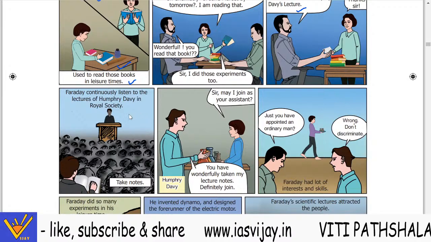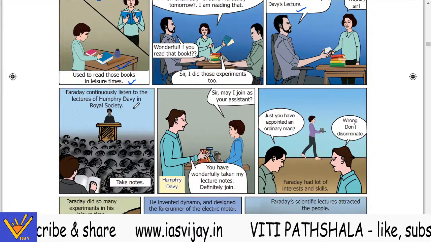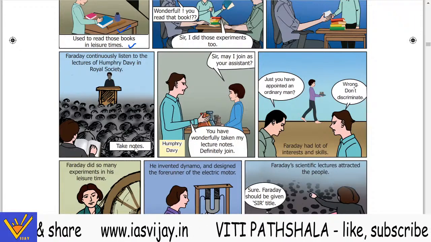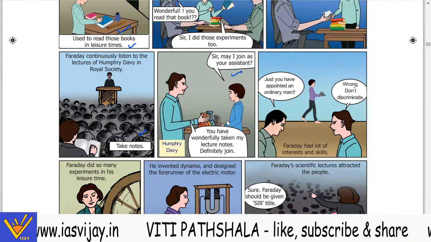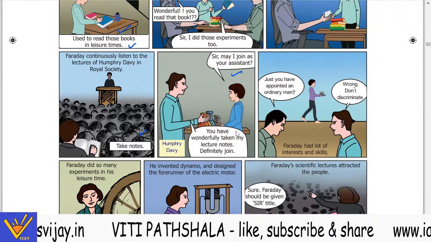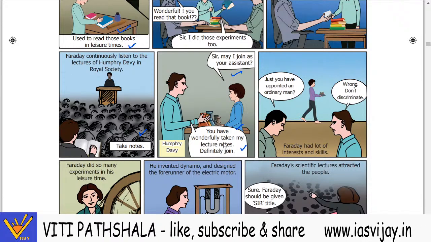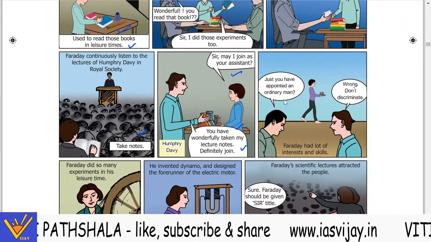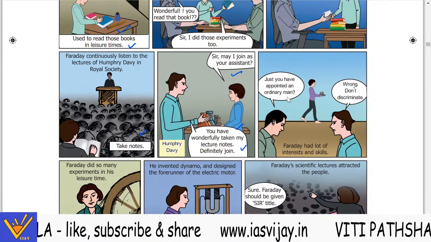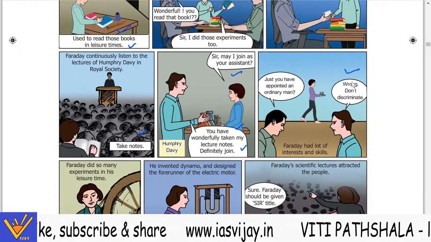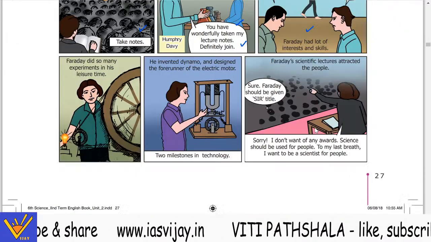Now Faraday continued to listen to the lectures of Humphry Davy at the Royal Society. He was taking notes. Now, sir, may I join as your assistant? You have wonderfully taken my lecture notes. Definitely, join. Humphry Davy says that. Have you appointed an ordinary man? Wrong, don't discriminate. Faraday has a lot of interest and skills.